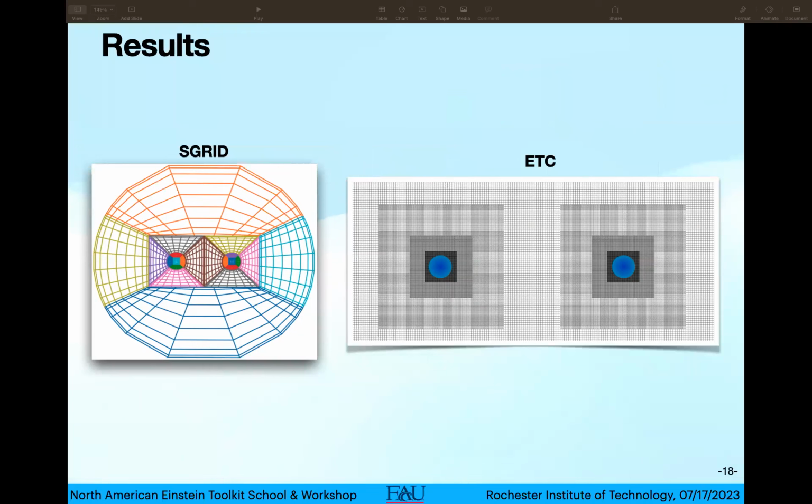The very last remark is about what exactly is necessary to make SGrid-generated initial data possible to load into the Einstein Toolkit. For example, we can look at the numerical grid. This is the Einstein Toolkit numerical grid, and on the left-hand side there is our original SGrid.